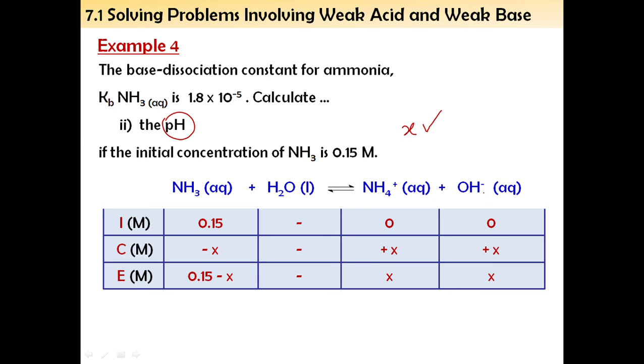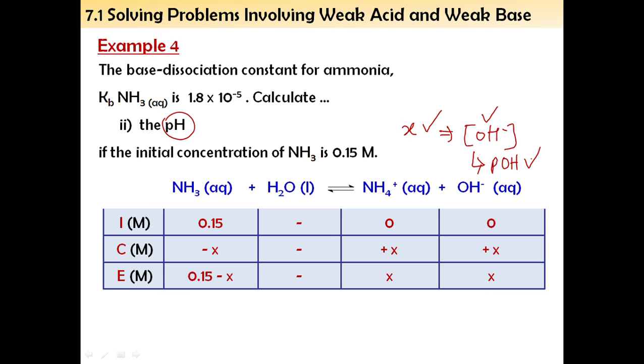Okay, so bila awak dah dapat nilai X, means awak dah dapat nilai OH minus concentration kan? Bila dah dapat OH minus concentration, bolehkah awak kira pH terus kalau dia OH minus? Apa yang kita boleh kira dulu? From the OH minus, actually, we can determine the POH dulu.